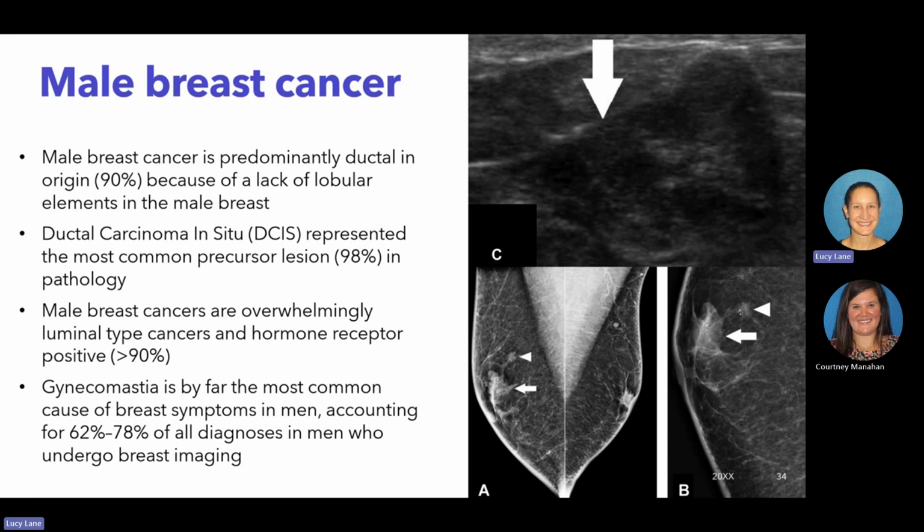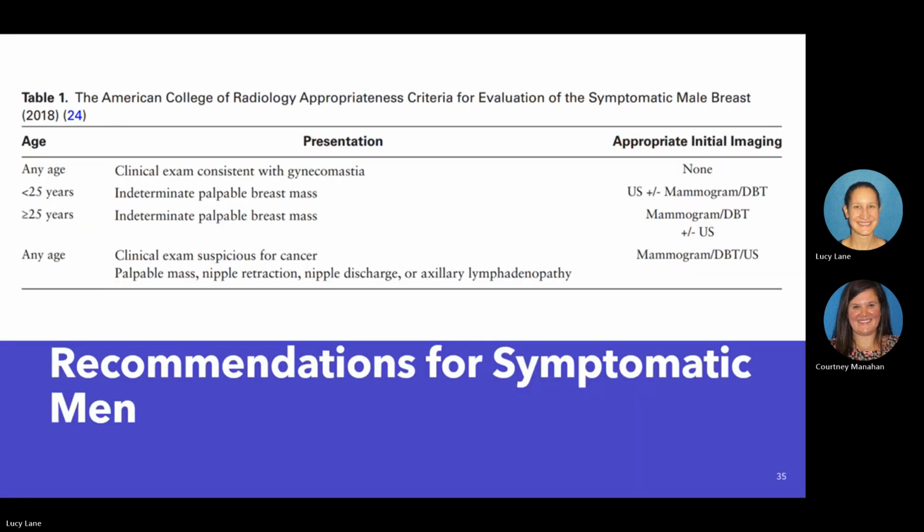They're overwhelmingly luminal type cancers and hormone receptor positive, which is usually super responsive and sort of the best kind of breast cancer. But again, men tend to present, I think, later, so they have poorer outcomes. And gynecomastia is by far the most common cause of breast symptoms in men.